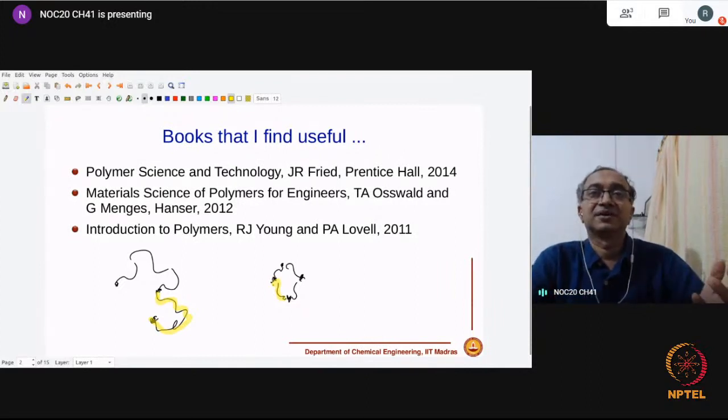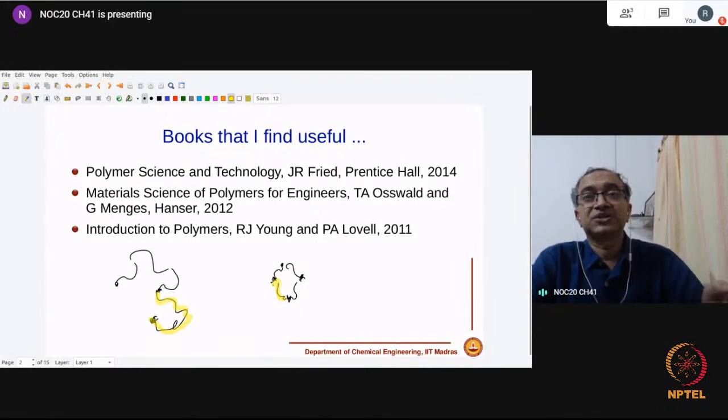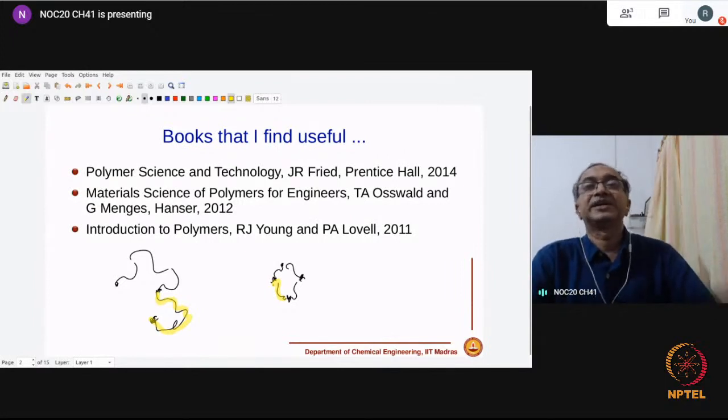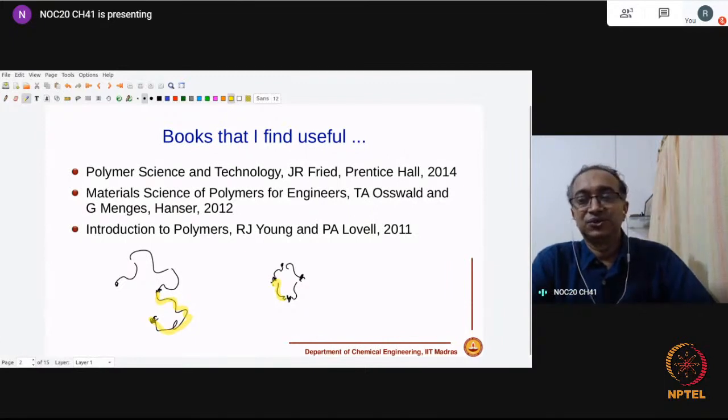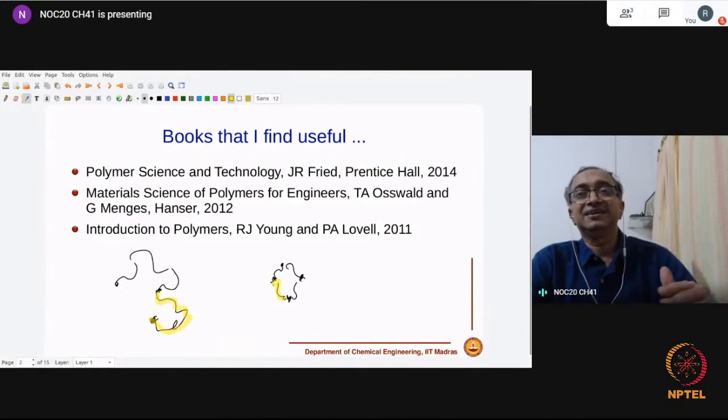Therefore, once that shape is fixed, you cannot do recycling because you cannot melt the material. If you de-cross-link, if you remove the cross-links by some chemical reaction or by a thermal process, then yes, but then you are breaking the cross-links. So a polymer which is cross-linked can be recycled if you are able to break the cross-links.